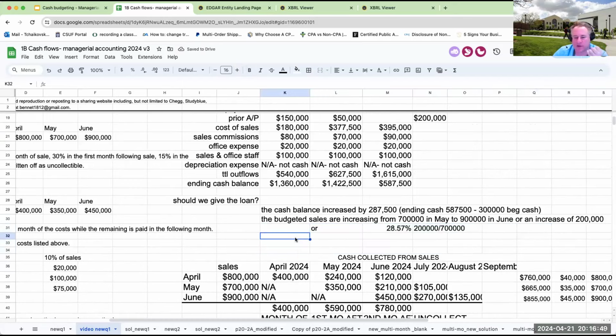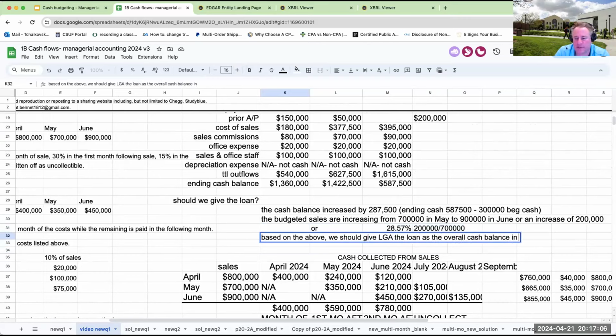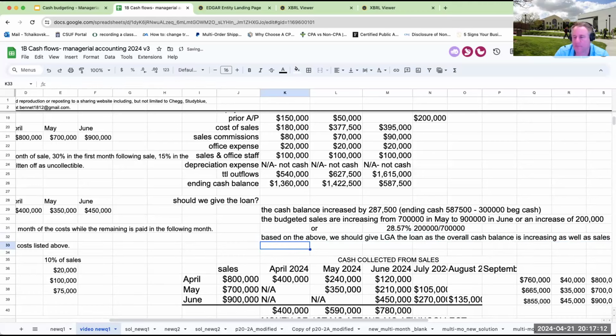Whenever we say, should we give it, or maybe or maybe not, should we give the loan, they say based on, we should give LGA the loan as the overall cash balance is increasing, as well as sales. And I've already documented that above, so I don't need to say it again.